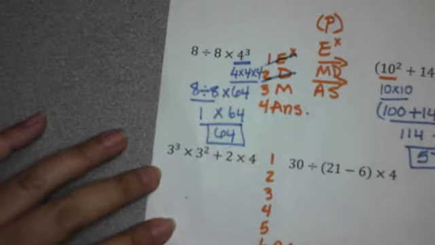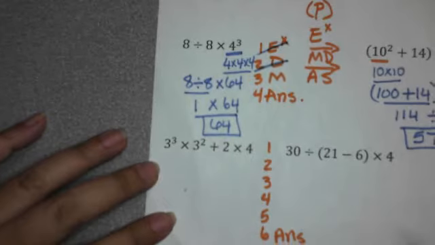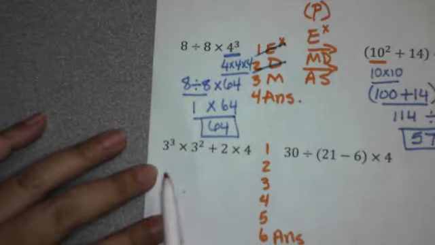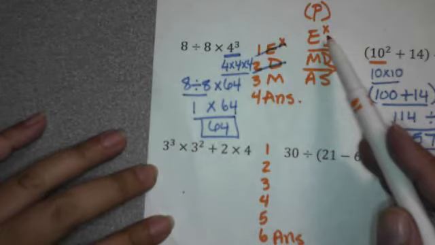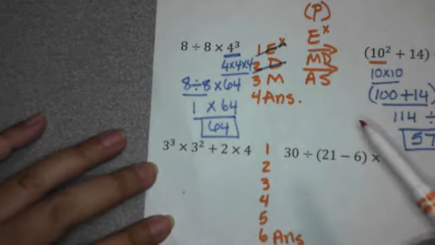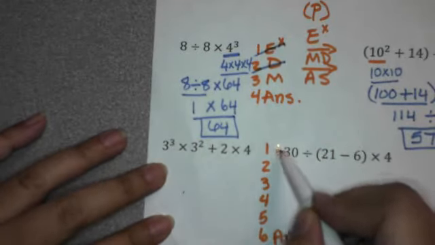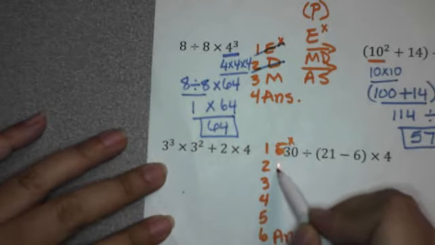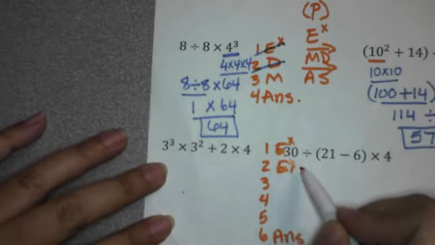Is there any parentheses? There's no parentheses. There is exponents, and notice that there are 2 exponents. We're going to work from left to right, so you can put exponent, exponent.